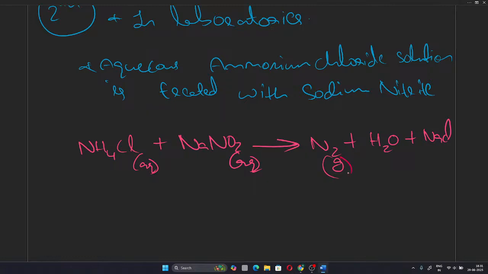We will get gas, meaning this will evaporate. This is aqueous, this is liquid.